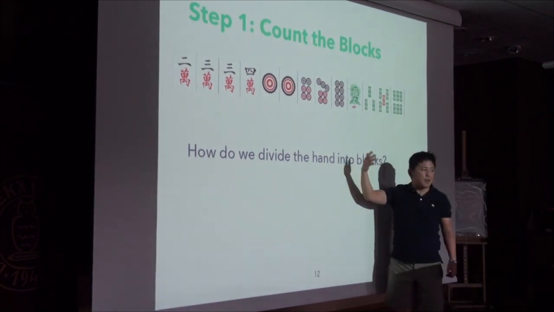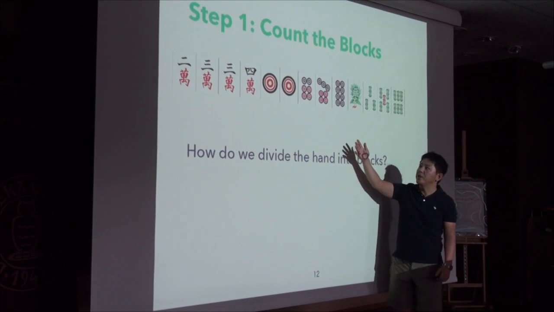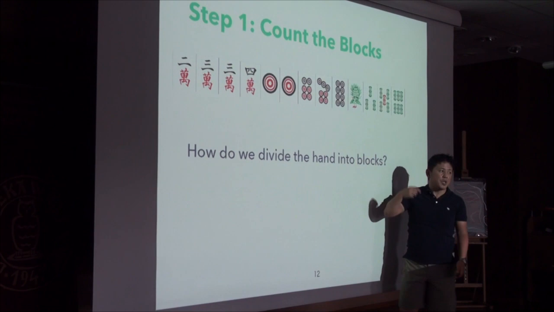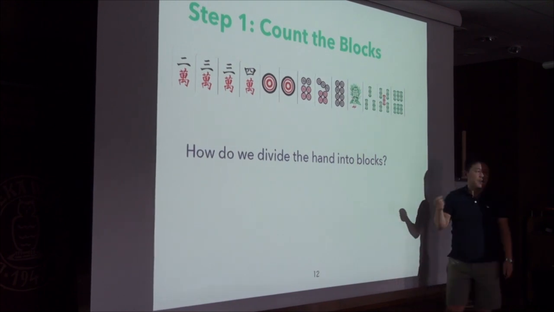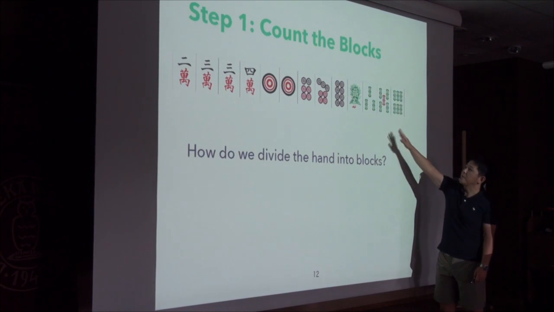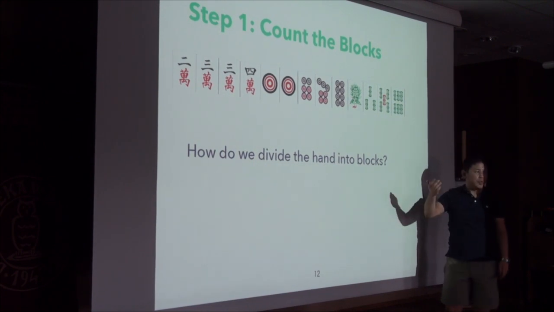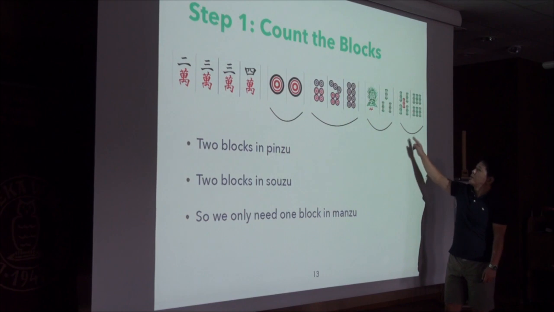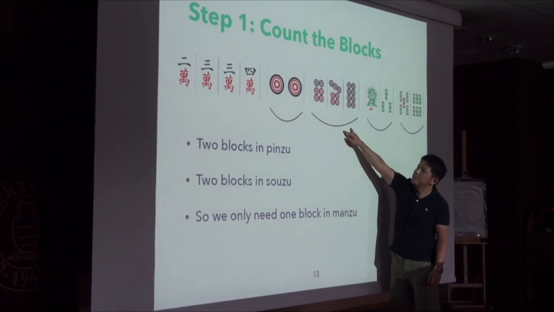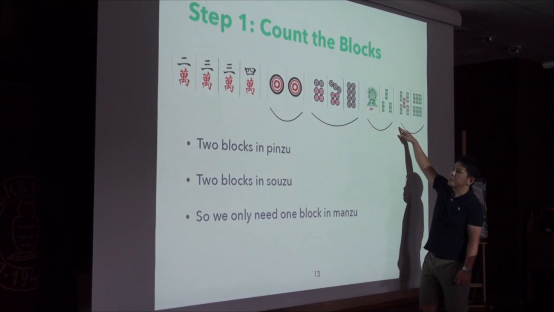But we have at least 5. Right? Potentially, these 3 could be the 5th, could be the 6th block. But at least we have 5. We have five blocks plus some additional ones, right? So 1, 2, 3, 4. We have 2 blocks in pin circle tiles, 2 blocks in bamboo tiles.